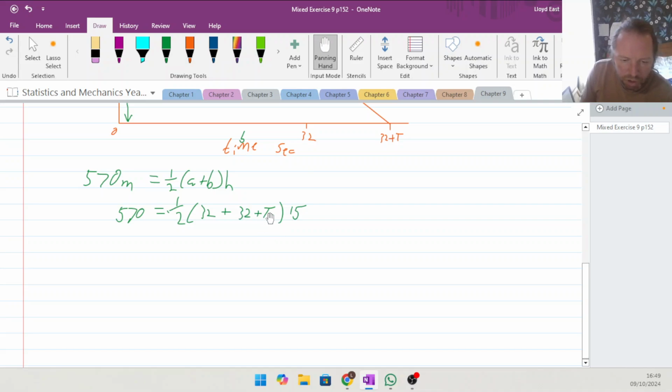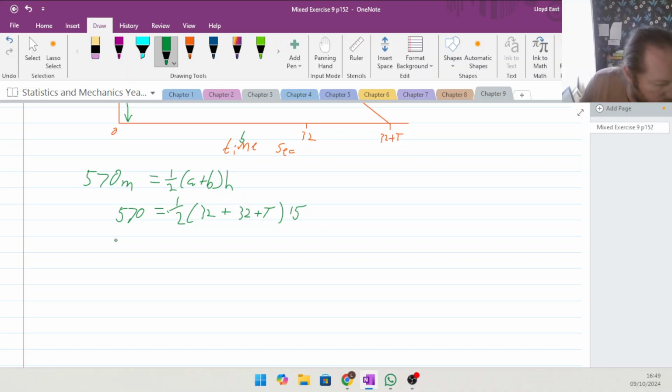Which will leave us with just t. All right, so what do we have then? How many halves in that? 1,140. So 1,140 is equal to 15 times (64 plus t).